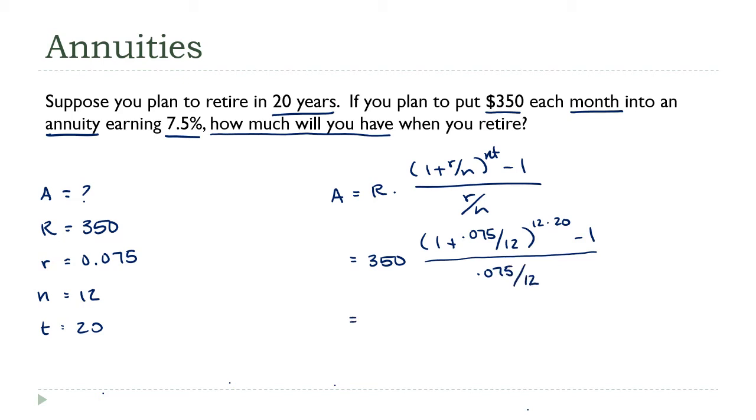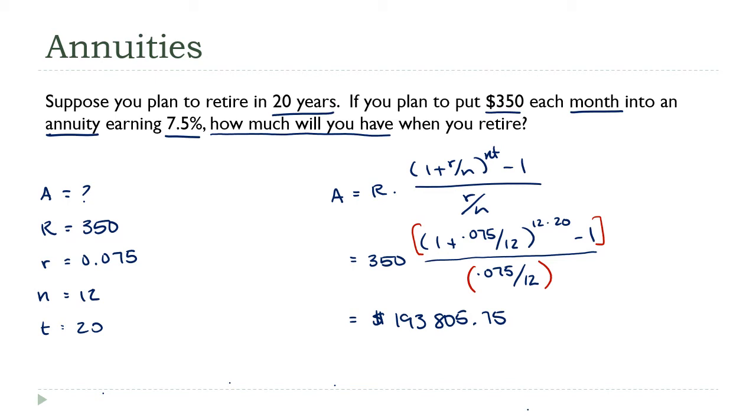Now you go to your calculator, and like I've said, don't be shy about adding parentheses to the formula. You put these numbers in, you are super careful, and you would end up with $193,805.75.